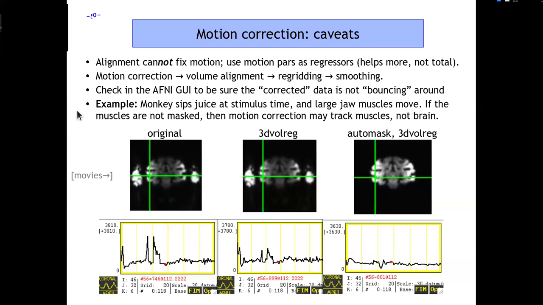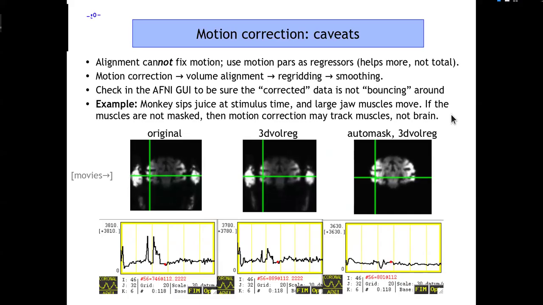So a couple lessons here: when there's a lot more than just brain in the field of view, you have to be careful about what's being aligned. When you have a stimulus design where your stimulus involves sipping juice, and you have big, powerful jaw muscles in your subject, then you're probably going to have task-stimulus-correlated motion. So even if we get rid of some spikes, we might get rid of signal as well and cause other problems. Another thing is we always have to look at our result. Just because the program told us that we got rid of all motion, there might still be some motion effects for various reasons.